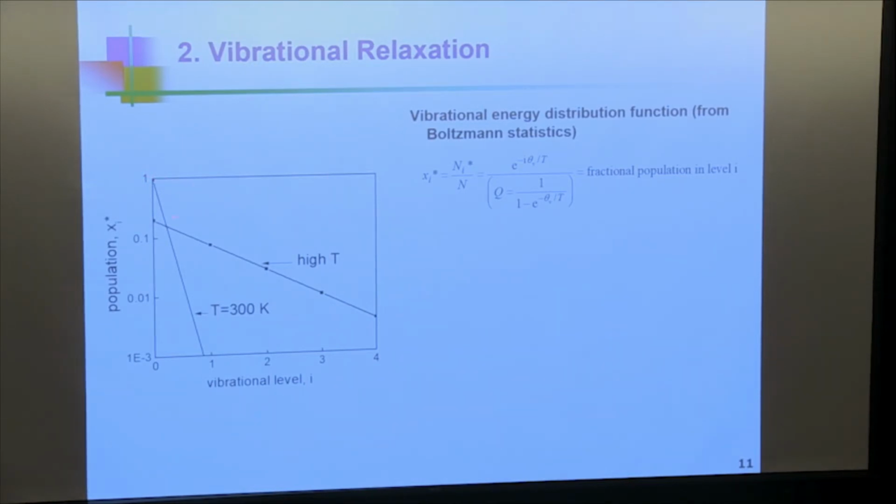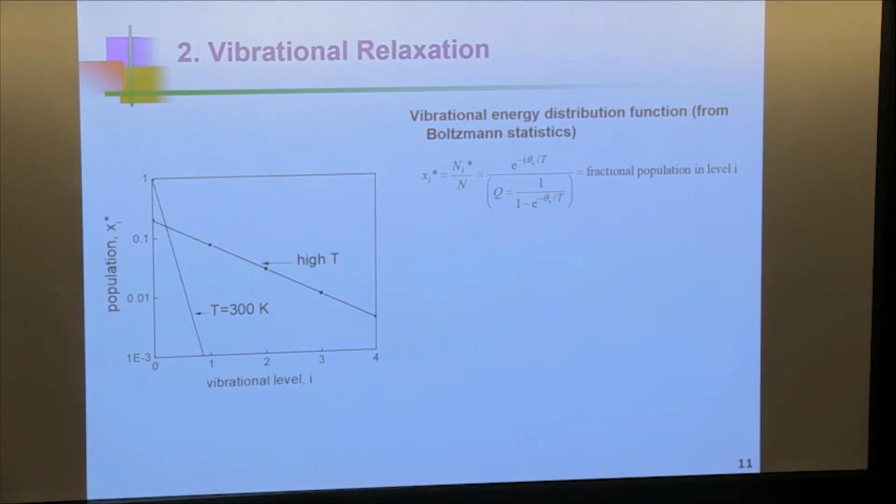If you go to high temperatures, the distribution looks like this. The question is, how does the gas move from one condition to the other? The shock wave changes the temperature. And we usually assume that the translational and rotational temperatures are instantly changed.